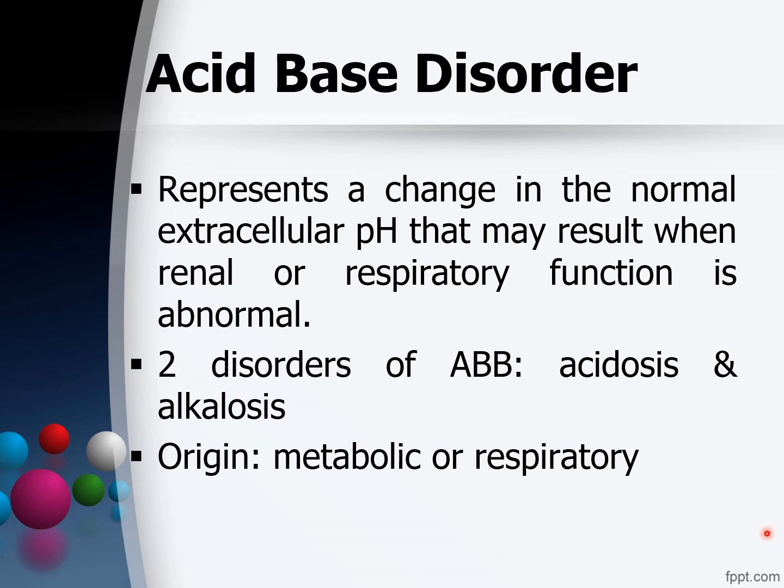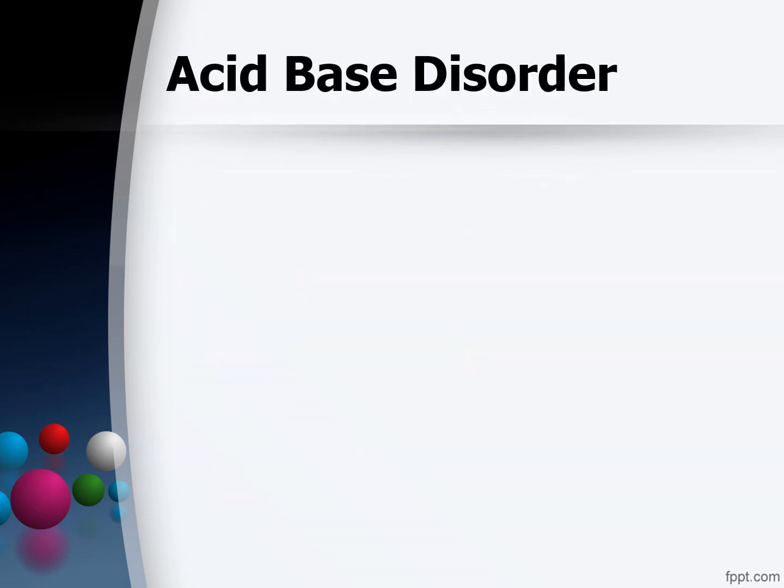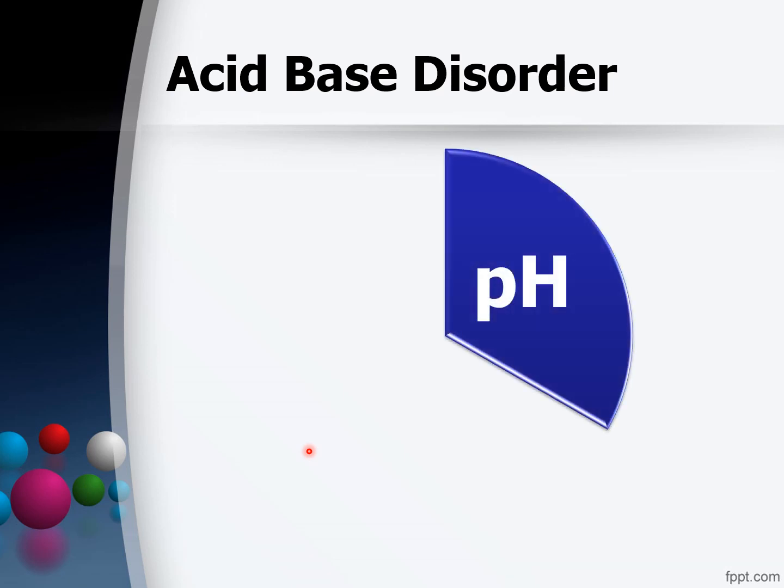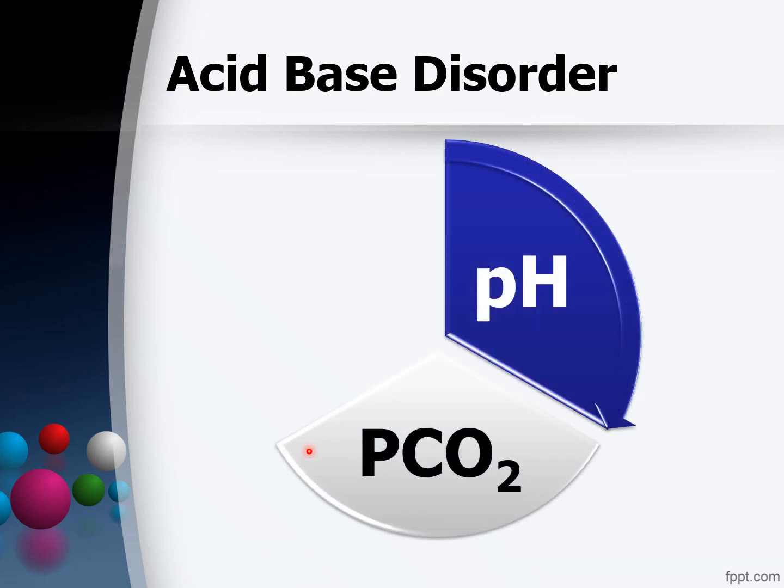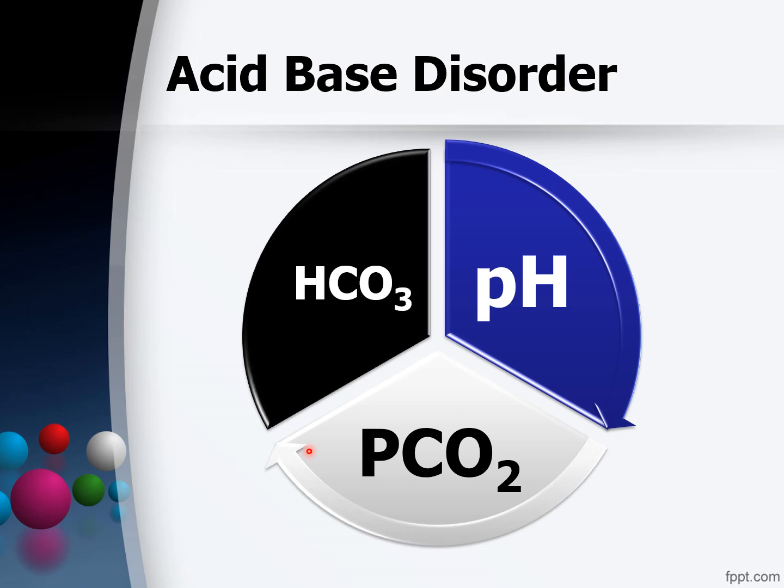These disturbances are either metabolic or respiratory in origin. The three key pieces of data to consider when assessing acid-base balance and or acid-base disorder are pH, partial pressure of carbon dioxide, and the bicarbonate.